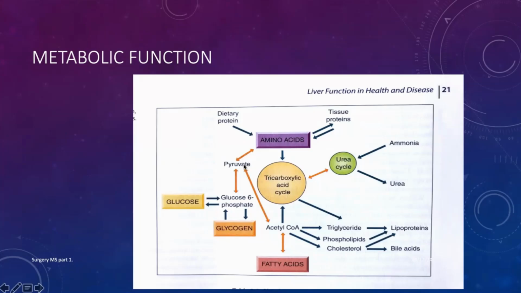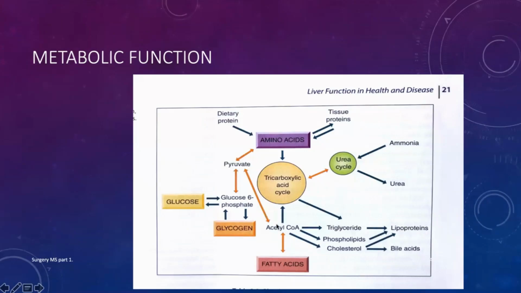And also, as a product of amino acid metabolism, you have pyruvates, which will be converted into glucose 6-phosphates. And so it can be stored as glycogen in the liver. And whenever the need arises, it can undergo glycolysis, and it releases glucose 6-phosphate, and glucose is being released to the circulation. And not only that, the tricarboxylic acid cycle will produce triglycerides, which will be converted into lipoproteins.